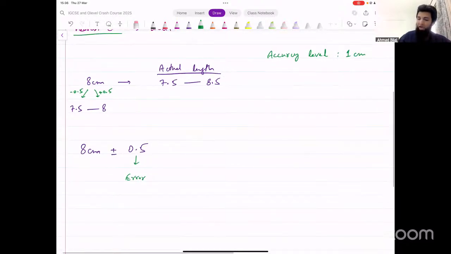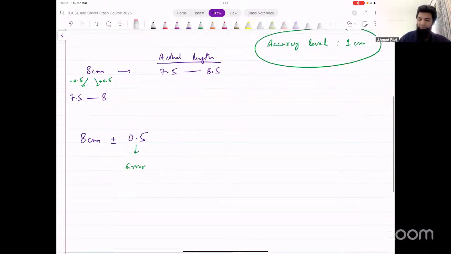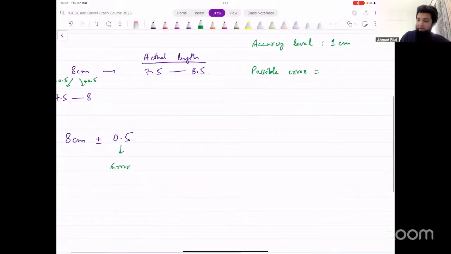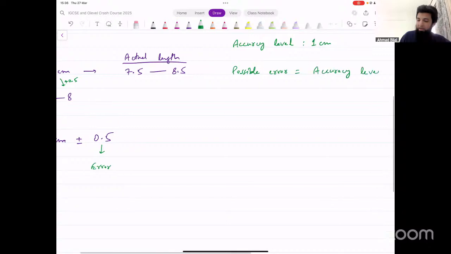Whenever you have any accuracy level given in the question, an accuracy level given for any measurement, you can find the possible error from that like this. You would say it's equal to the accuracy level, 1 centimeter, divided by 2.